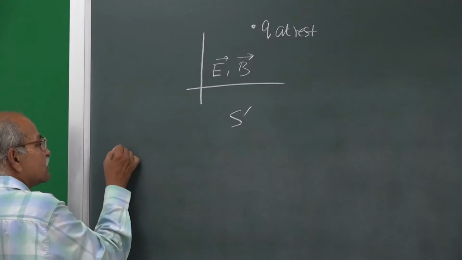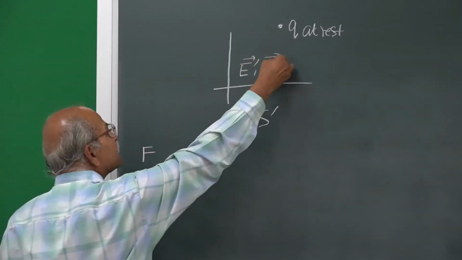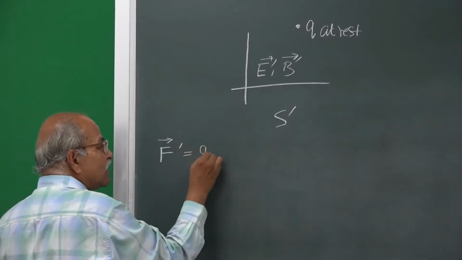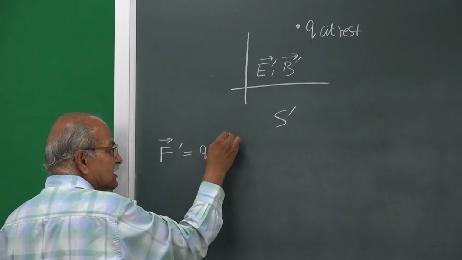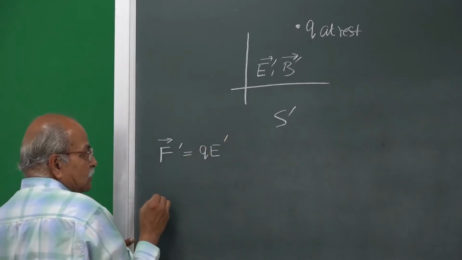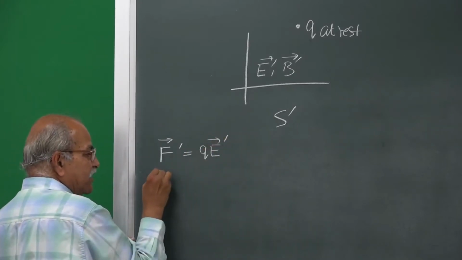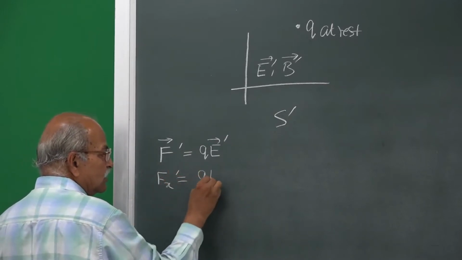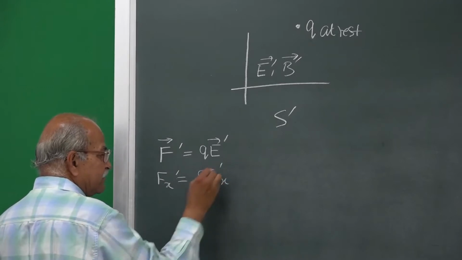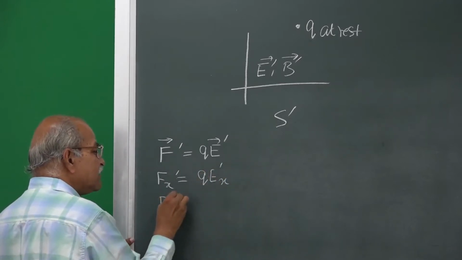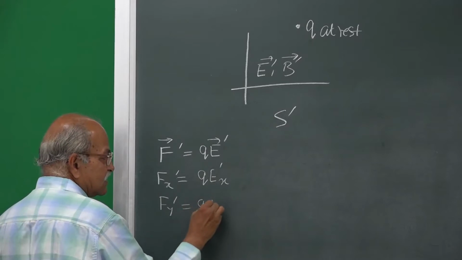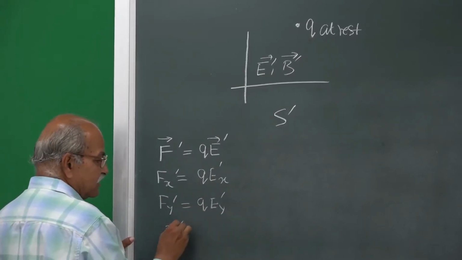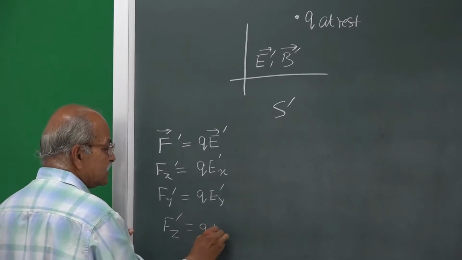So, let me write prime here, everything is prime. The force on this particle will be q times E prime. So, you have Fx prime equal to q Ex prime, Fy prime which is q times Ey prime, then Fz prime which is q times Ez prime.